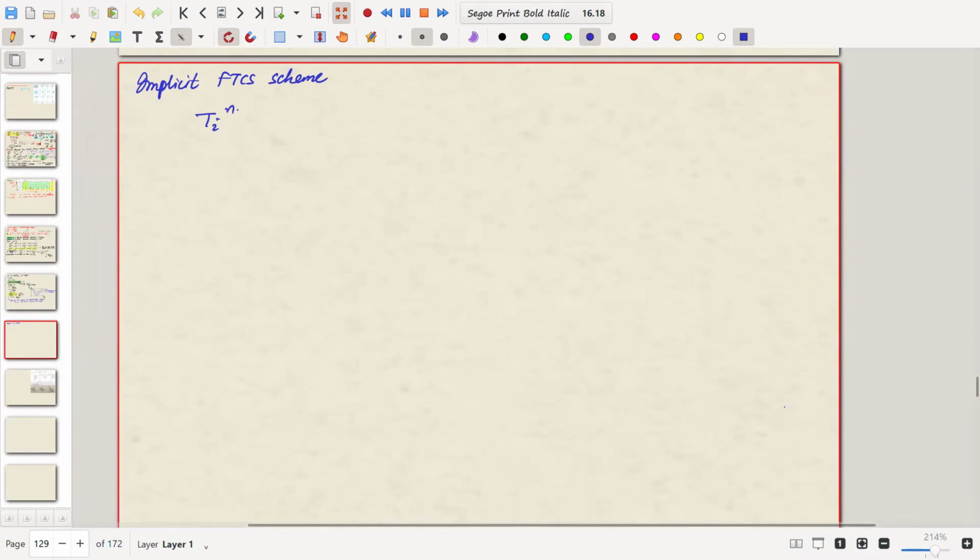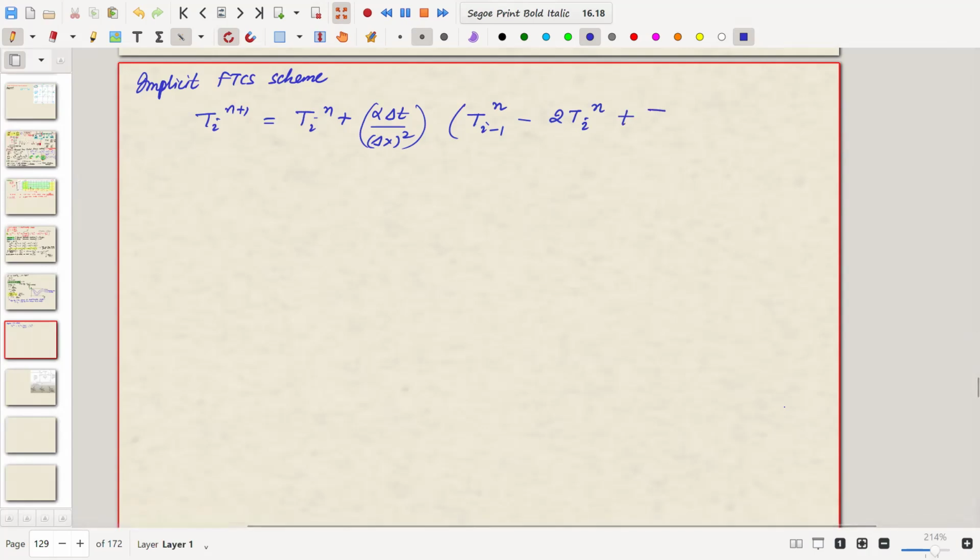Ti n plus 1 equals Tin plus alpha delta t by delta x squared times Ti minus 1 n minus 2Tin plus Ti plus 1 n. So this was your FTCS scheme.